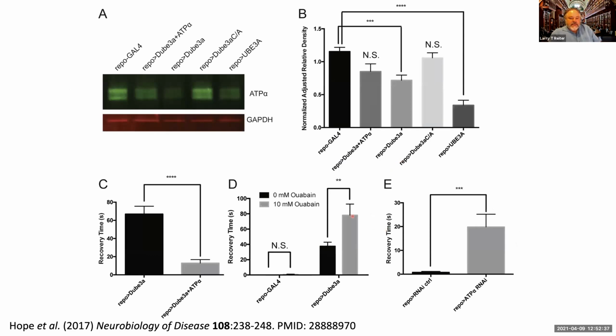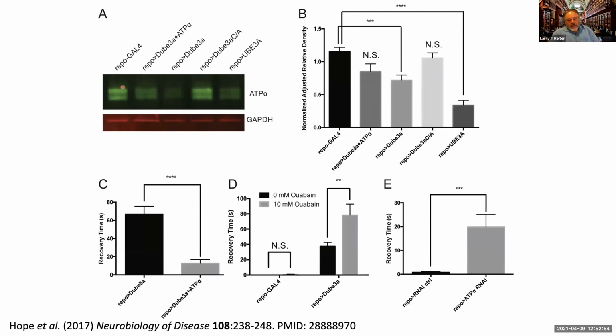Okay, now this takes a little bit of explaining. So Kevin also did some work on a sodium potassium ATPase known as ATP alpha that we had been pursuing for a while as a UB3A potential substrate.